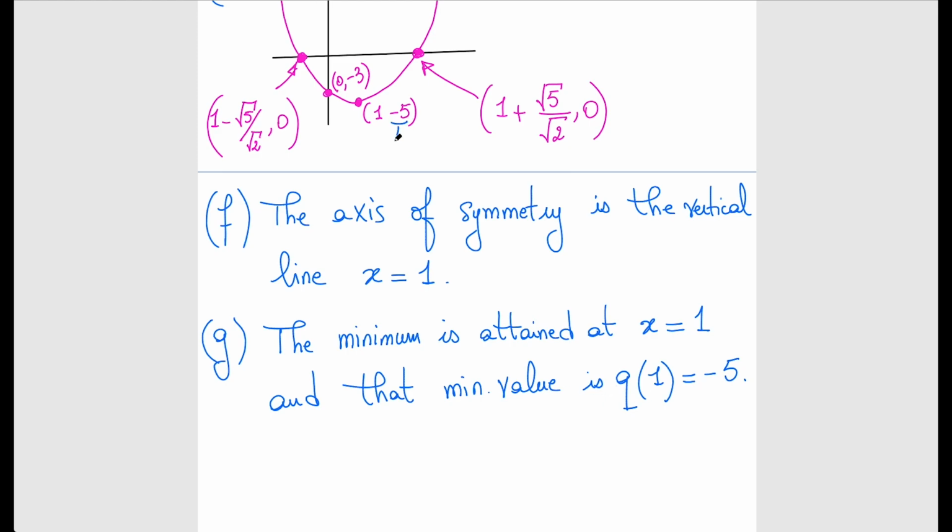Because that guy is q of 1, right? Because this point is on the graph of q, so the second coordinate is the image of the first under the function. Okay? So the lowest it reaches is -5.